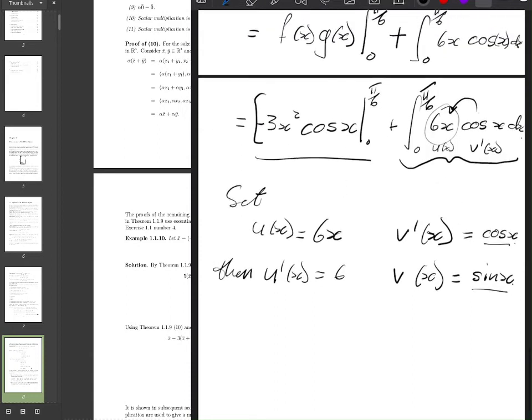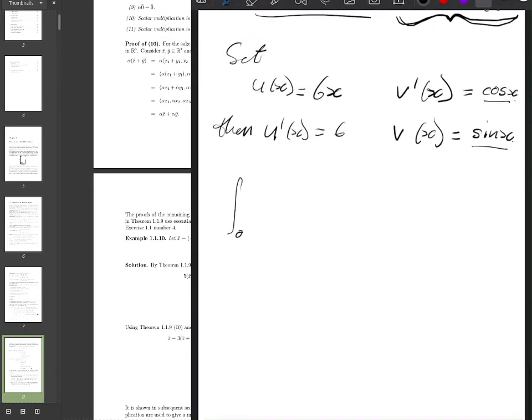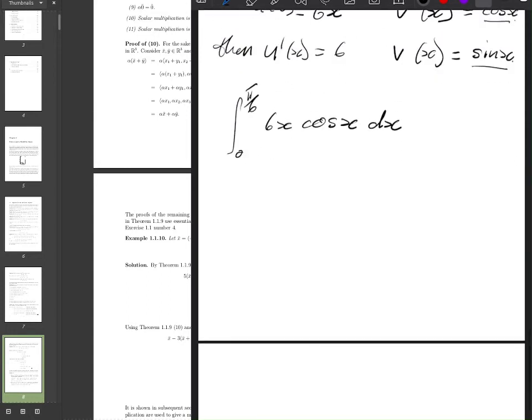And now we're just going to take this term, the integral from 0 to pi over 6 of x cosine x dx. What is that? That is the integral from 0 to pi over 6 of u of x v prime of x dx.